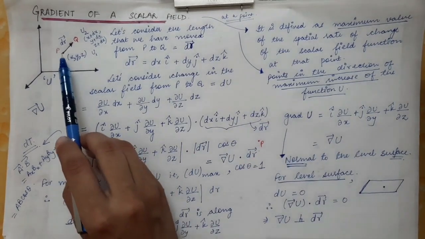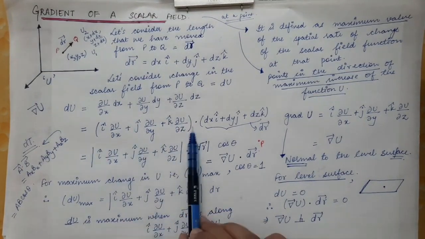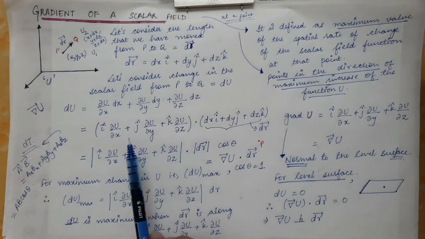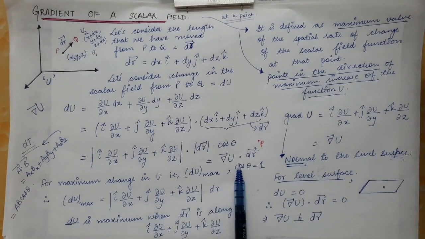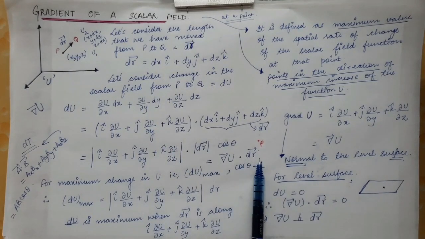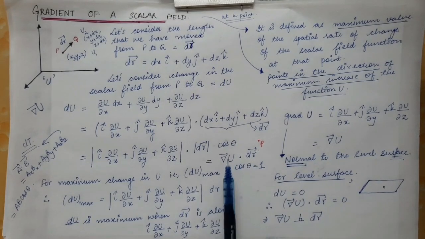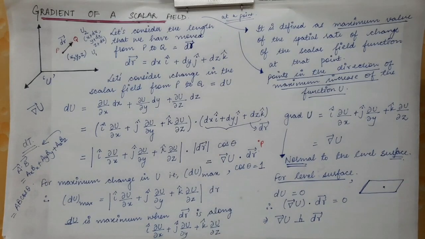So when we are moving from one point to another, there comes the displacement vector. The first vector, which is written in the bracket, is the gradient of the scalar function. This is the gradient of the scalar function dot product with the dr vector. Now what is the magnitude as well as the direction of the gradient of a scalar function?